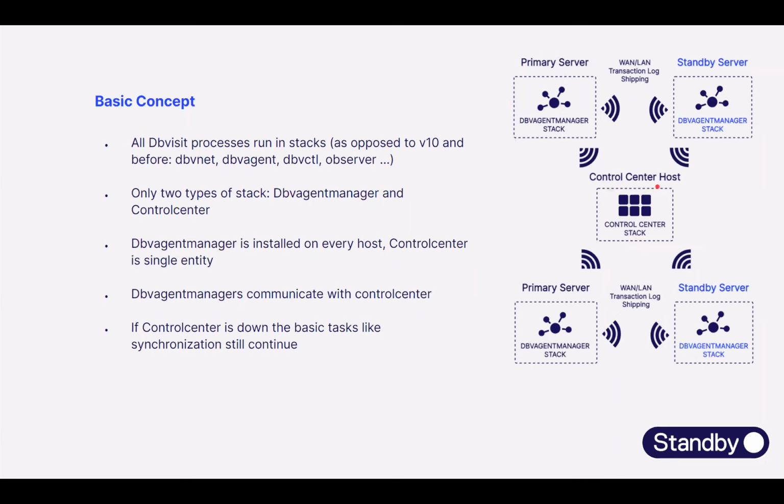It's not exactly necessary to have the Control Center installed on a separate host, like shown in the picture. If your environment is simple enough, you may even choose to place it on any database server. It doesn't need much system resources, and it will do just fine with a SQL Server instance running next to it. There's no problem with this, really.